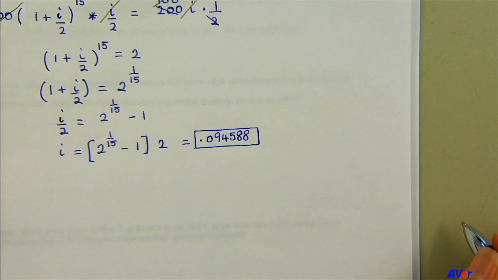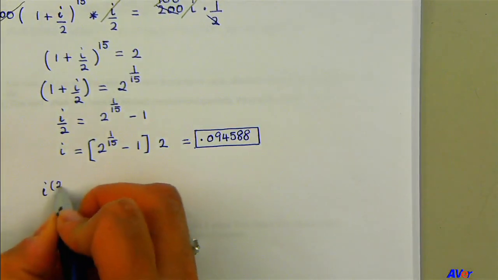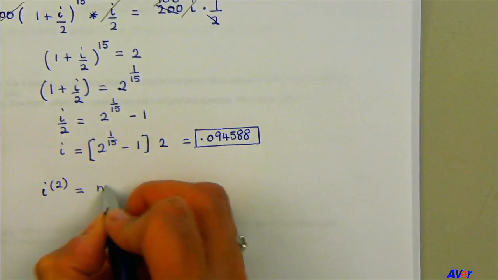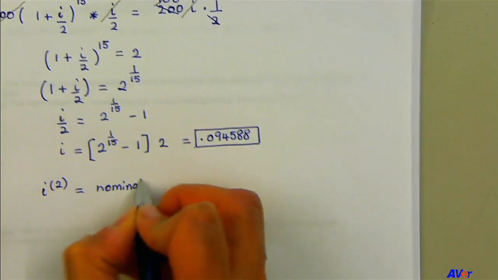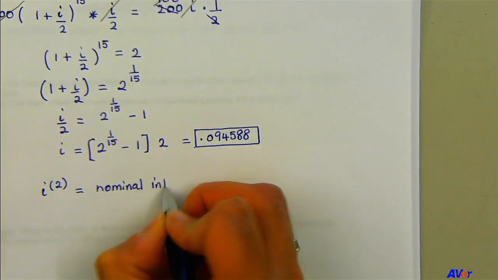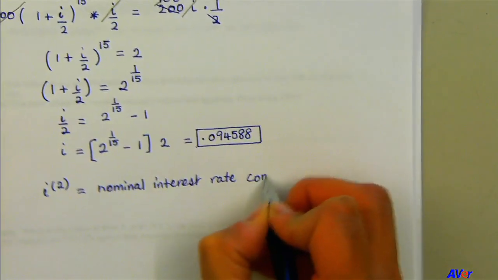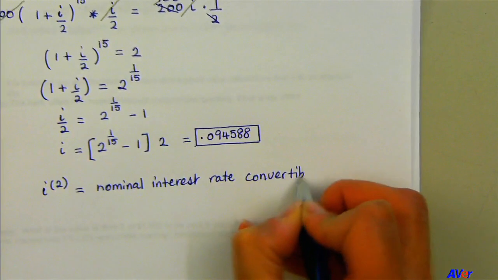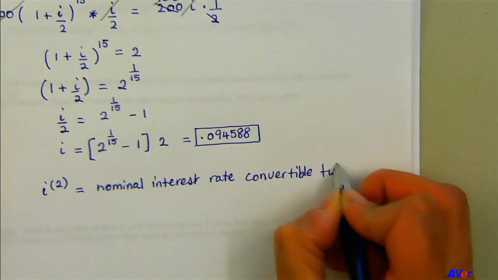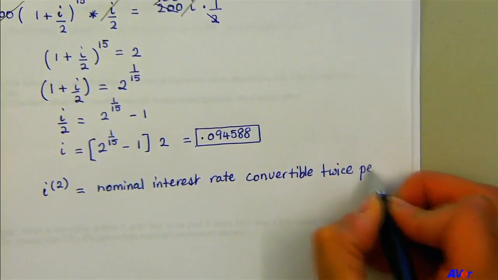I2 is the nominal interest rate convertible twice a year.